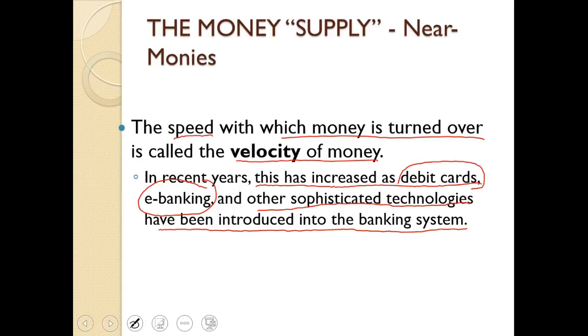Meaning that this money is now being turned over faster. The velocity of money is speeding up because there is no longer a wait time for a check to be cashed. This is also happening in e-banking and other sophisticated technologies that allow money to be readily available instantaneously.